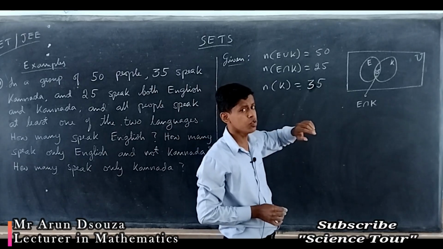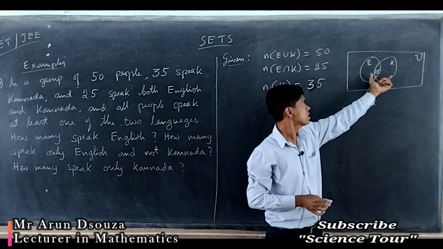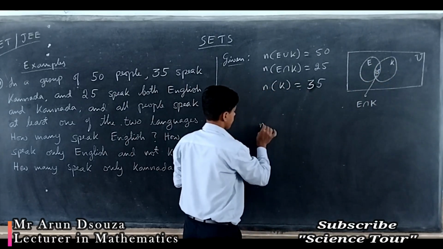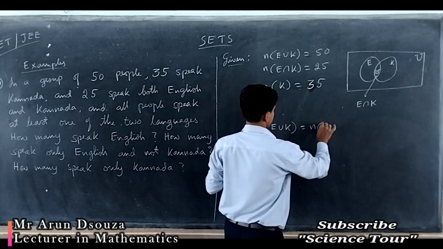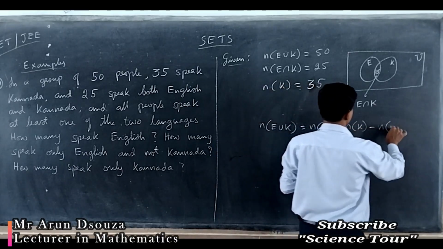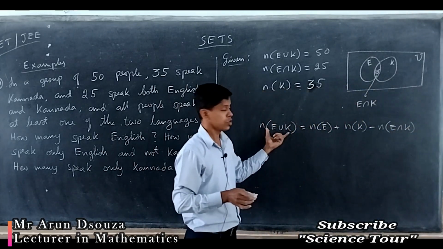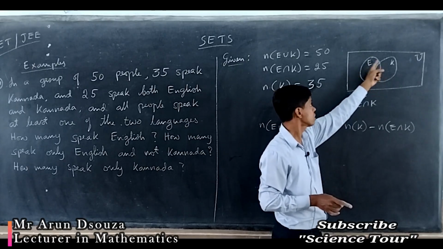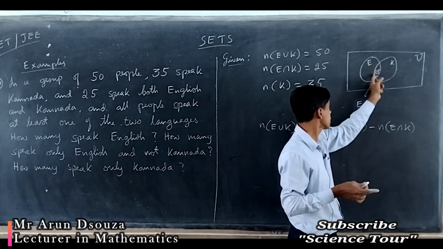N of E union K is N of E plus N of K minus N of E intersection K. Understand carefully. N of E is the full circle, plus N of K, that is this circle.